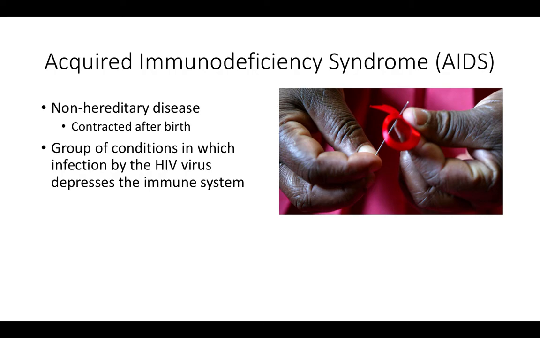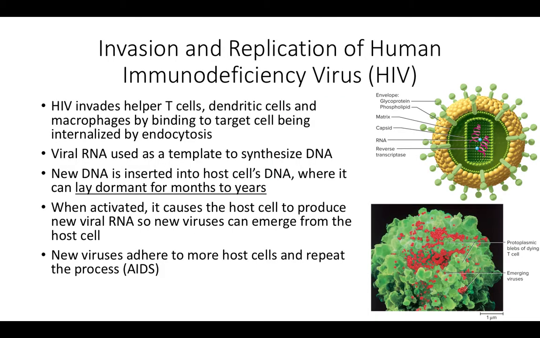So, somebody starts with the HIV, which depresses the immune system in ways that we'll talk about as we move through, and then as a result, the person develops AIDS, which, well, I don't want to say it eventually kills them. It makes them immunocompromised so that they'll die from things like infection or cancer.